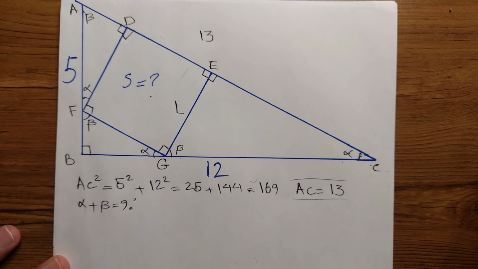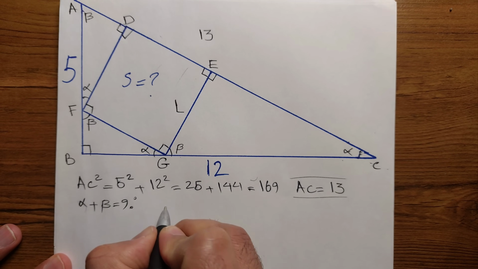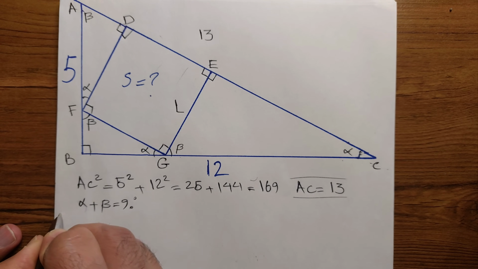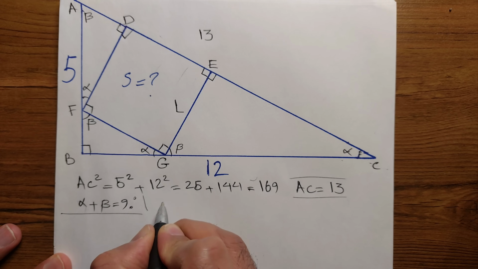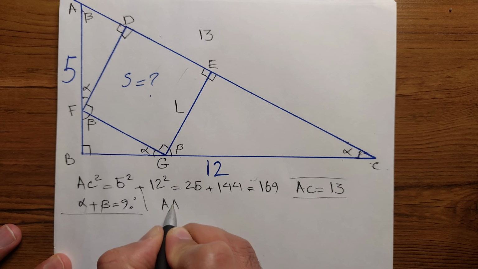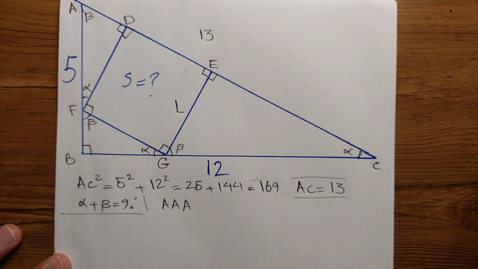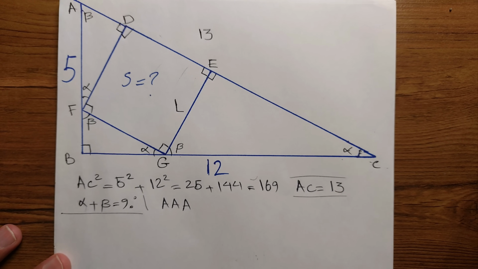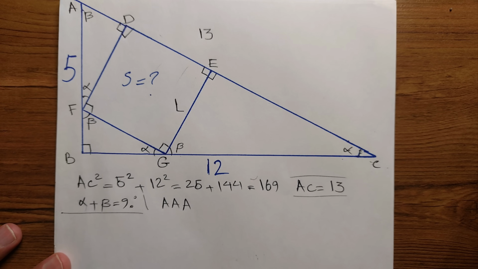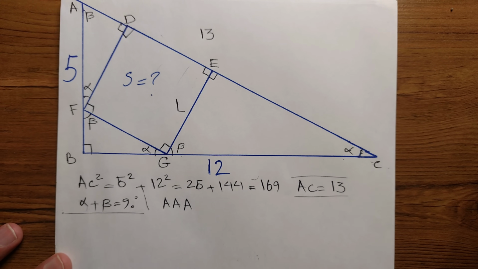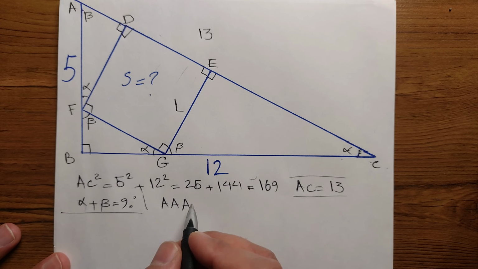Whenever all three interior angles of two triangles are the same, those two triangles are similar to one another.